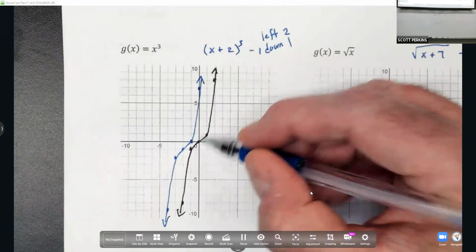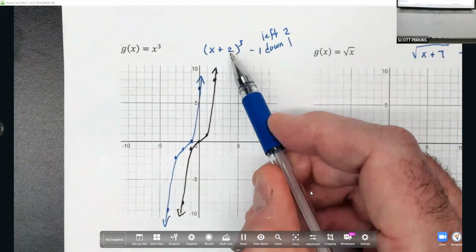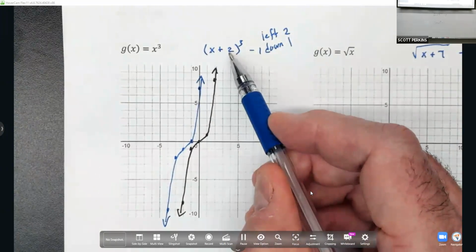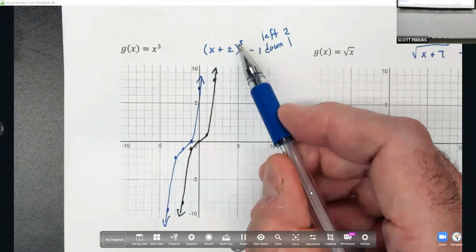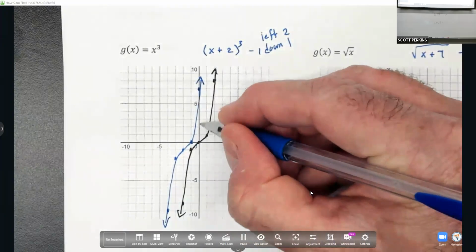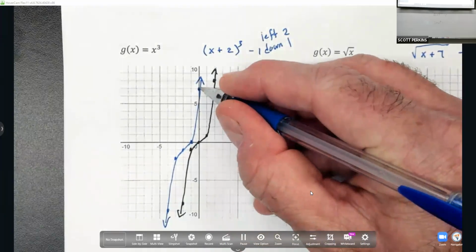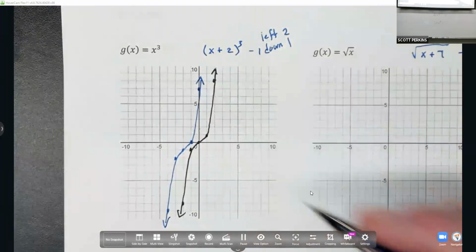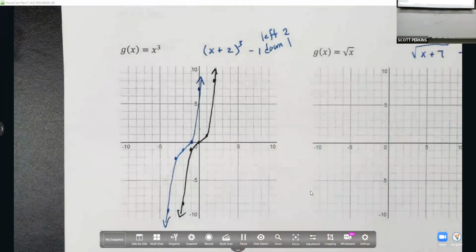So what do I get when I plug 0 in? Well, what's 0 plus 2? 2. What's 2 cubed? 8. And then minus 1 is 7. We're already there. So instead of plugging in values to get the new graph, I am translating. I'm trying to understand how these values work.